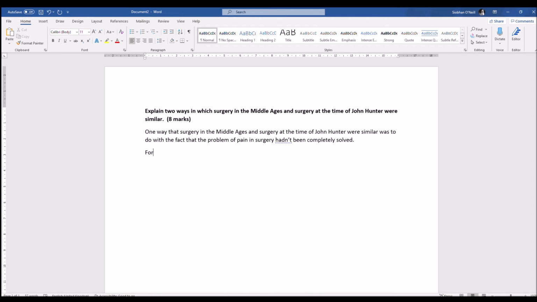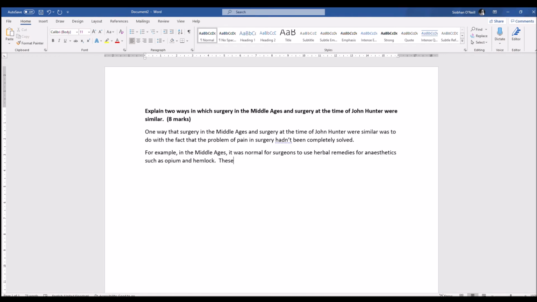For example, in the Middle Ages, it was normal for surgeons, I'm sorry for all the typos, to use herbal remedies for anaesthetics, such as opium and hemlock.